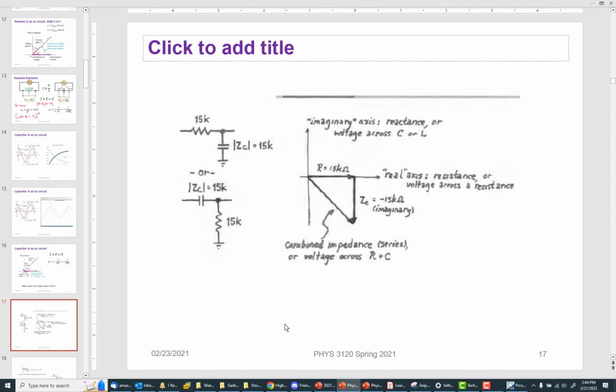So the capacitor is negative, and it in principle is here, but when you add vectors together, you always want them tail to head. And each one of these graphs is a little different depending on whether it's series or parallel and such. But this one is the easiest one to understand.